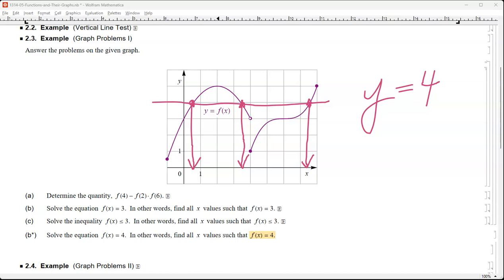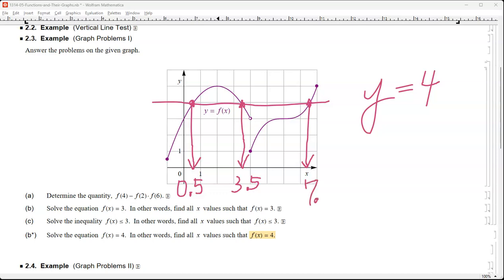So what are those x-coordinate values? Any reasonable estimation will do. Here I'll say about 0.5. Yeah, about 0.5, that'll do it. And then this one about 3.5. Is it 3.5 or 4.5? 3.5 is right. Make sure you count correctly. And this one 7.5.